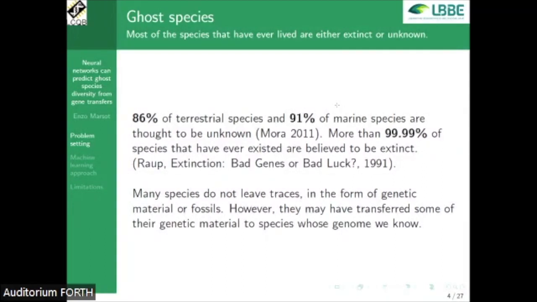And many of these species, when they go extinct, do not leave fossils or genetic information for us to know they existed or to characterize them. But they may have transferred some of their genetic material to species whose genome we know today. So we could use this information to obtain their diversity, ghost biodiversity.